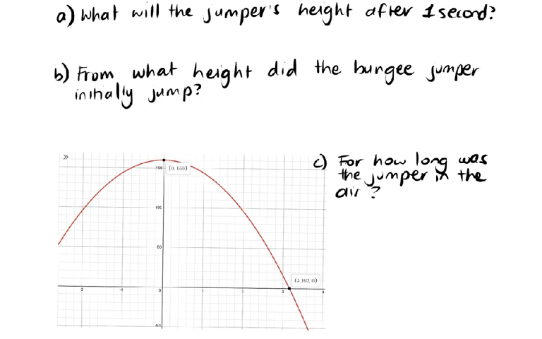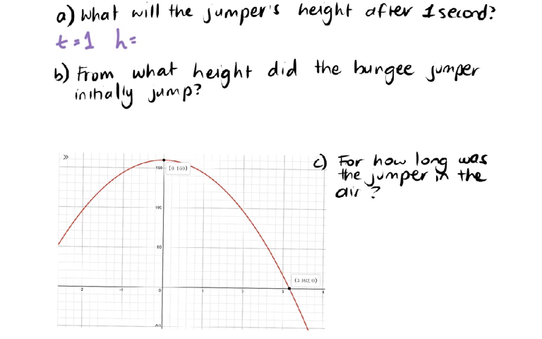So using the graph here, what will the jumper's height be after 1 second? If we have a quick look, we should be able to see that we need to find the h value when t equals 1.